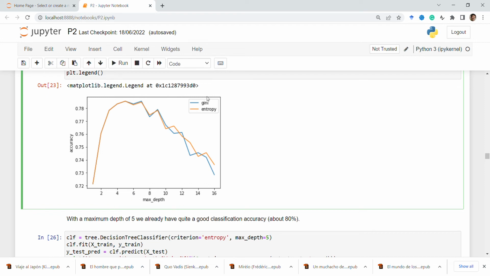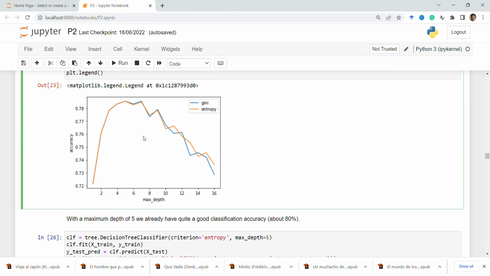And this Gini and entropy are simply two different ways of measuring the internal inhomogeneity of the nodes. We will see that a little bit later, and you have seen it in the theory.